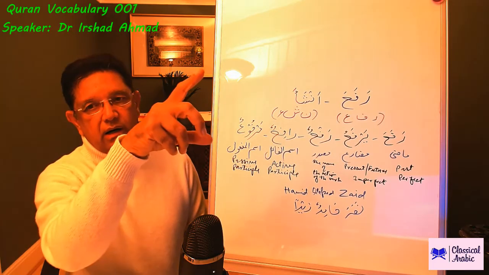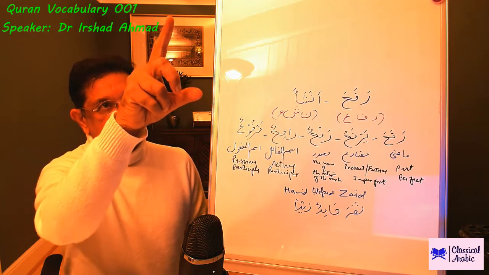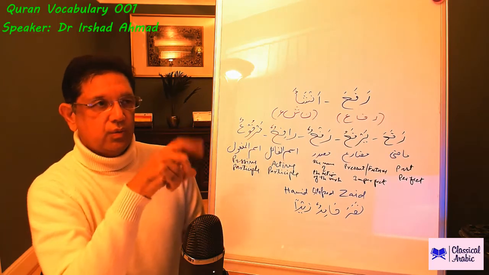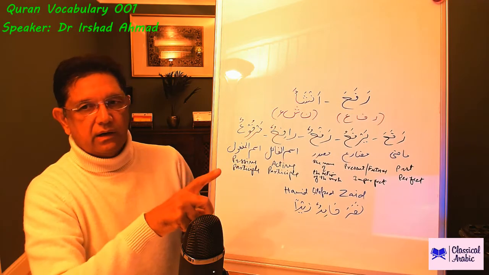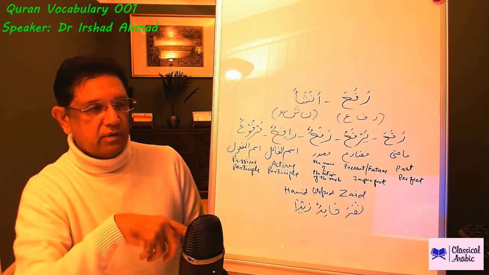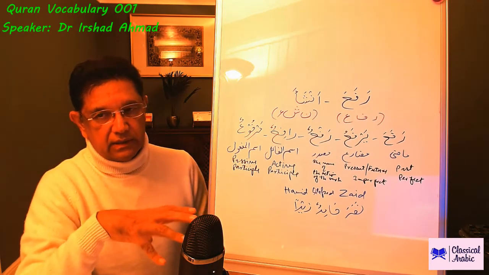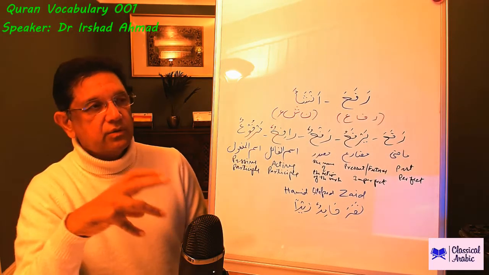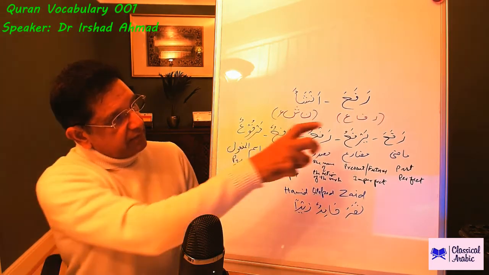So rafa'a will be the first form of the verb at the place of huwa. So rafa'a, rafa'at, and so on through the conjugation. Our aim is not to conjugate verbs here, but just to remind you of the 14 conjugation forms of a verb which go along with those 14 dhamir.